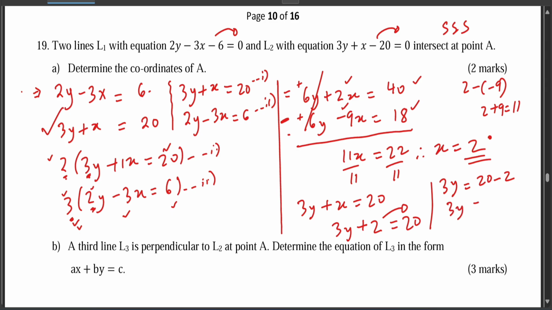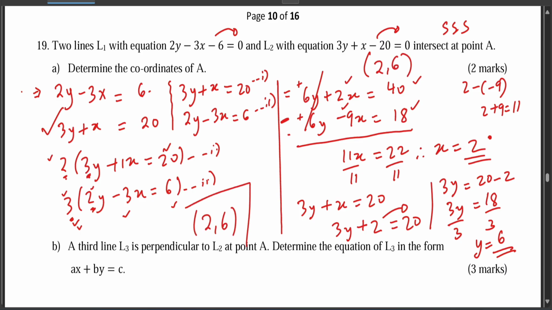So 3y is equal to 18. Divide by 3, y is equal to 6. So your value is 2, 6. Let me write here that 2, 6 is your answer. So that's the coordinates for A.